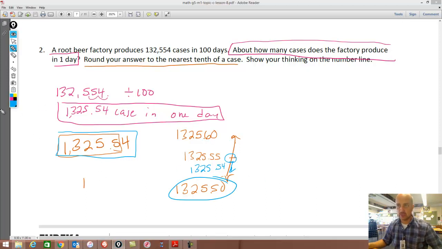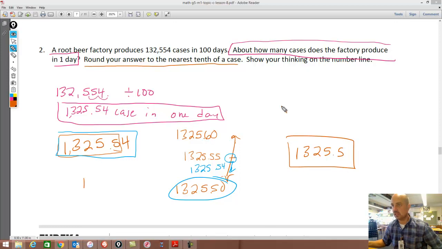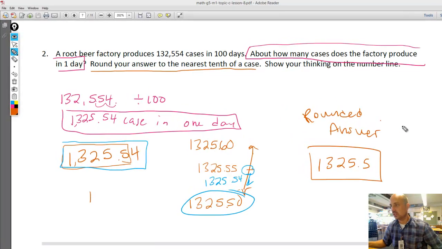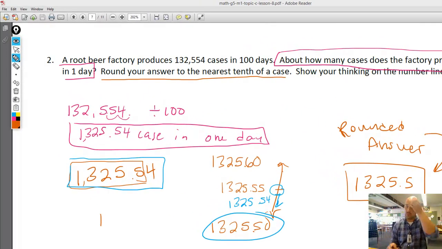And this is my number rounded to the nearest tenth of a case: 1, 3, 2, 5.5. This is my rounded answer right here. Okay?